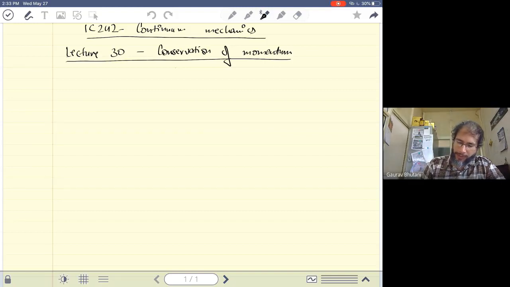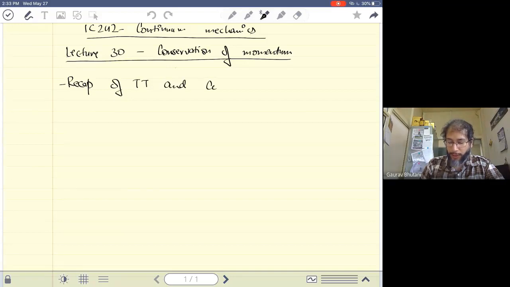So we'll do a quick recap today of the transport theorem as well as the conservation of mass equation. Post a quick recap, we will solve one or two problems.